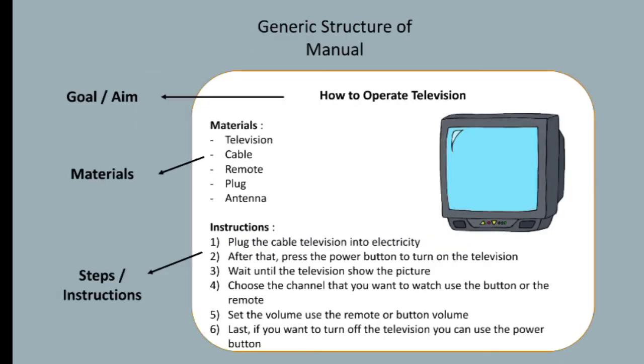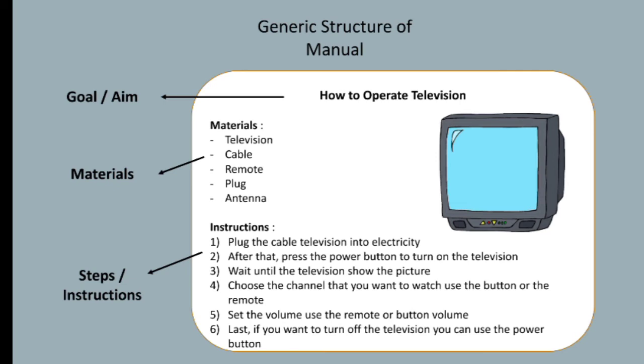Okay, and now this is an example of the procedure text of manual. This is how to operate television. There are 3 main generic structures of manual, and the first one we have the goal or aim. Goal or aim is how to operate television. And the second is materials.